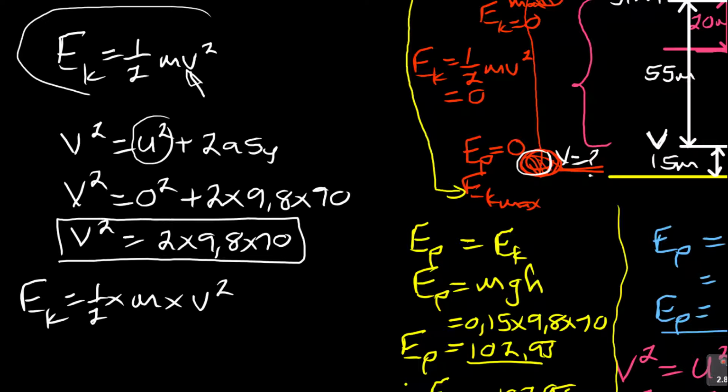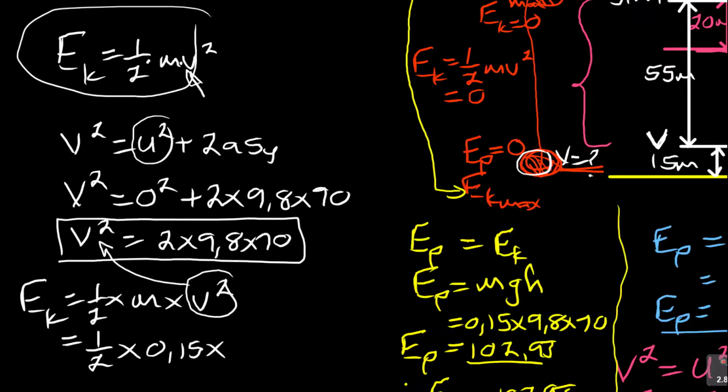So that is equal to half times the mass of this object, 0.15, times the v squared, which is 2 times 9.8 times 70. I just take this part and substitute it there for v squared.